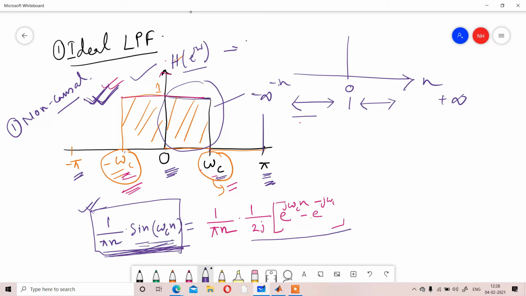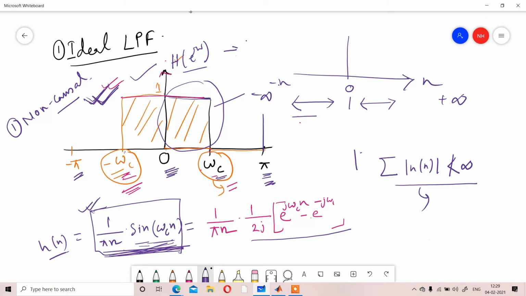Simply, the summation of h n, which is defined as h n. If we calculate the summation of h n, it will not be less than infinity. The summation of h n will not be less than infinity.